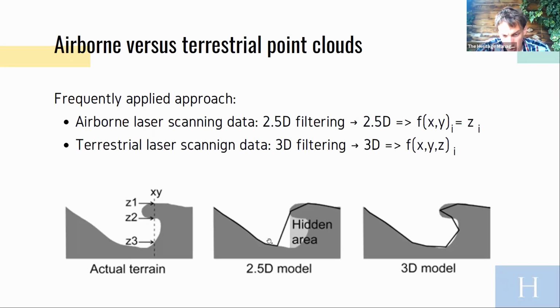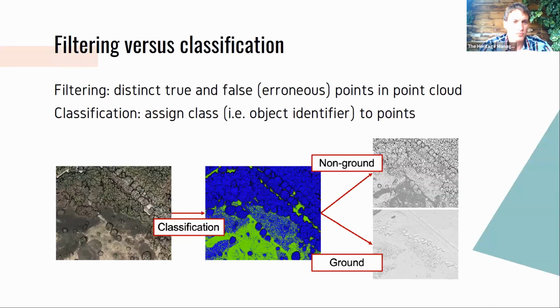The big advantage of this approach is that it allows us to make very simple analysis on the resulting digital elevation model. So with the digital elevation model, we have a raster. Each and every cell in that raster has an elevation assigned to it. And it is very easy from a computational perspective to perform raster-based analysis on it, whereas these are much more difficult and computationally intensive when you would do that in full 3D.